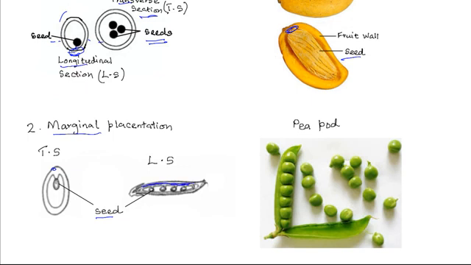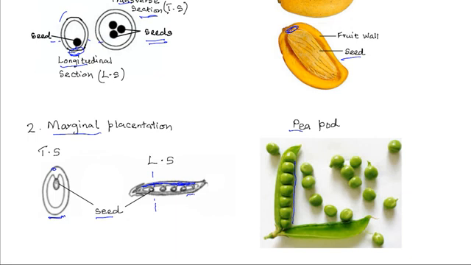This is where you have the placenta. So this is in transverse section. If you cut the fruit like that, you have this transverse section. In longitudinal section, the seeds are arranged in more or less a straight line, since the placenta is along the margin of the fruit wall. A good example is a pea pod. Here you have the seeds arranged along the margin.